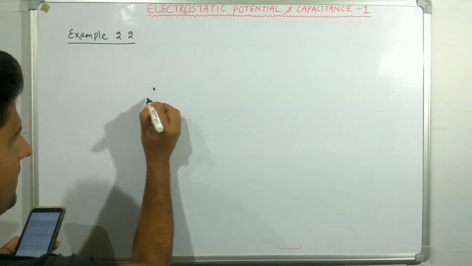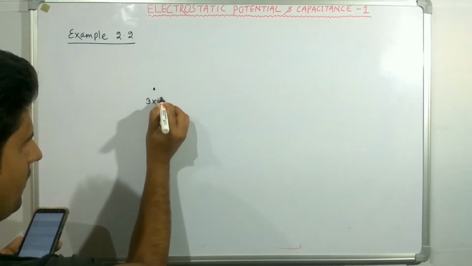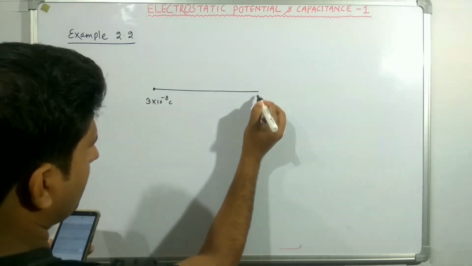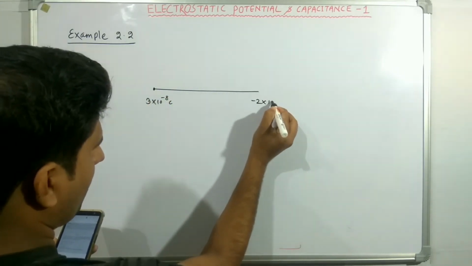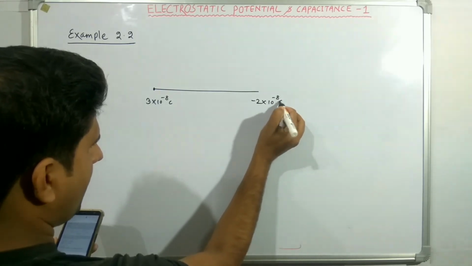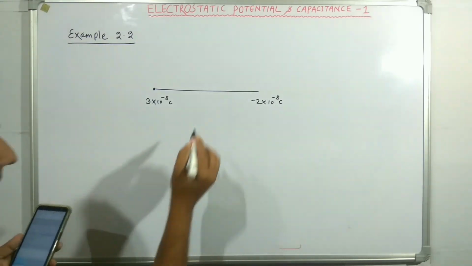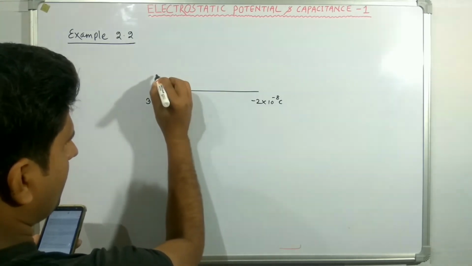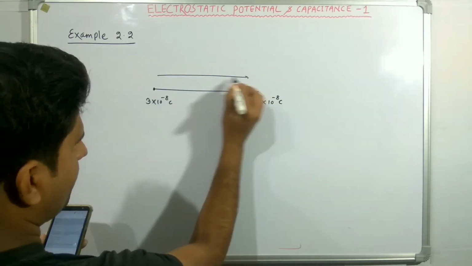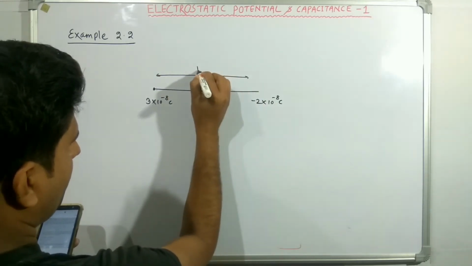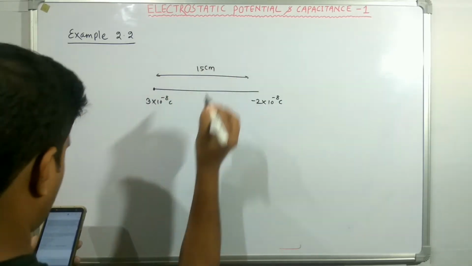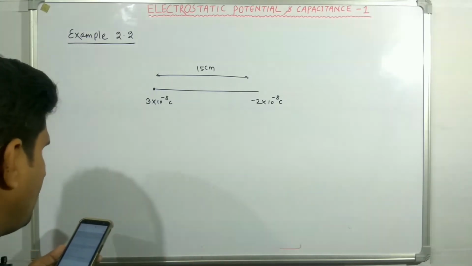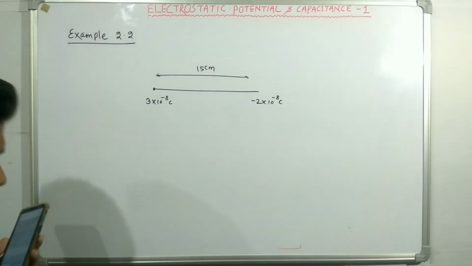Here is the charge 3 × 10^-8 coulomb and another charge -2 × 10^-8 coulomb, separated by a distance of 15 centimeters. At what point on the line joining the two charges is the electric potential 0?